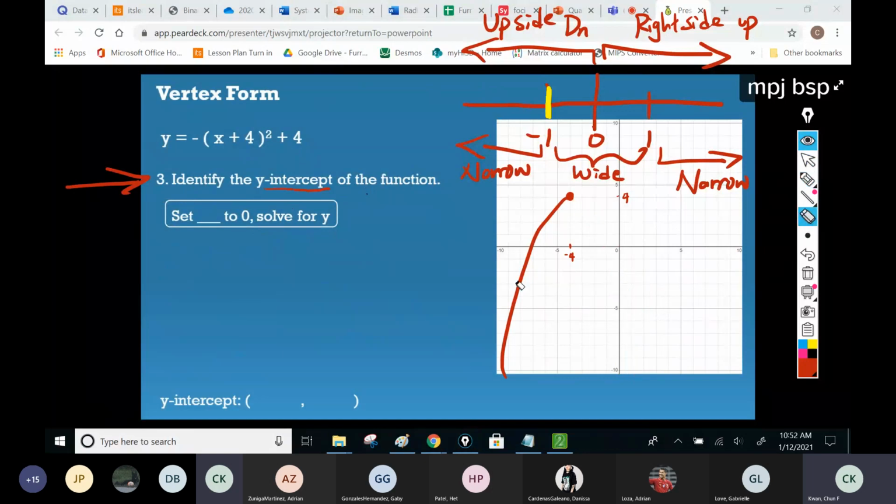So to do this, we are going to have to set x to 0 and solve for y. So up here, set x to 0, and then solve for y. So y equals negative (0 plus 4) squared, plus 4. I set x to 0, and now I'm going to solve this and find out what y is.